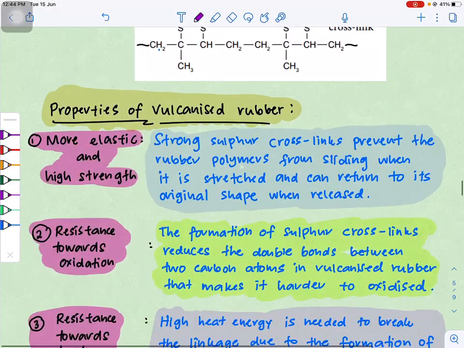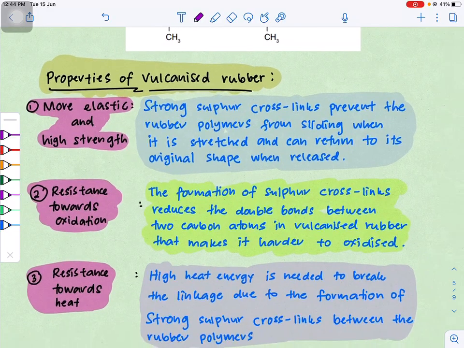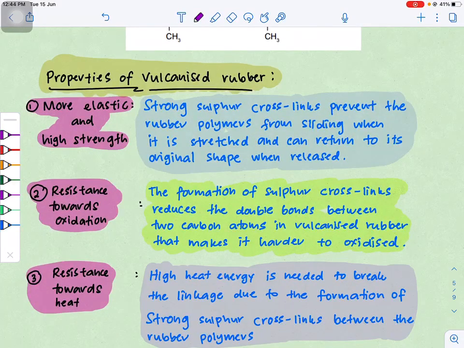Okay, next, moving on to the properties of vulcanized rubber. Why vulcanized rubber is more elastic? Because the strong sulfur crosslink will prevent the rubber polymers from sliding when it is stretched and can return to its original shape when released. This is why the vulcanized rubber more elastic. Dia ada sulfur dekat tengah. So when you try to stretch, sulfur tu akan menarik semula the rubber polymer to its original shape and also prevent them from slide.